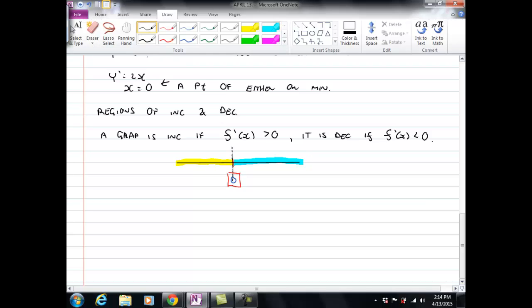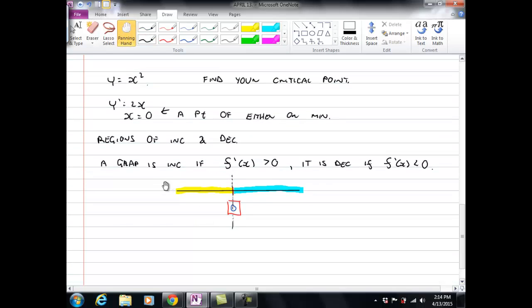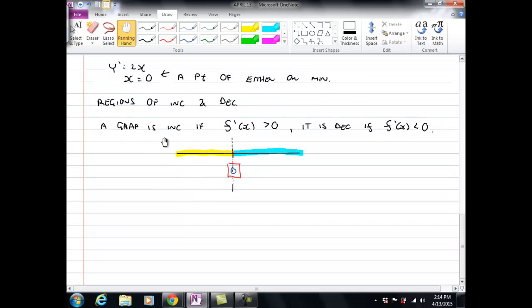So what we're going to do now is, I want you to choose any number to the left of 0. Doesn't matter what number you like. And we're going to sub it into my derivative equation to see if it's increase or decrease. Now, Kieran, give me a number to the left of 0 for me. Go. -1. So if I want to test if it's increase or decrease, I'm going to use my derivative equation.